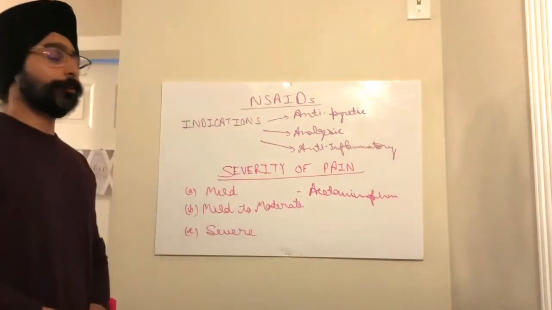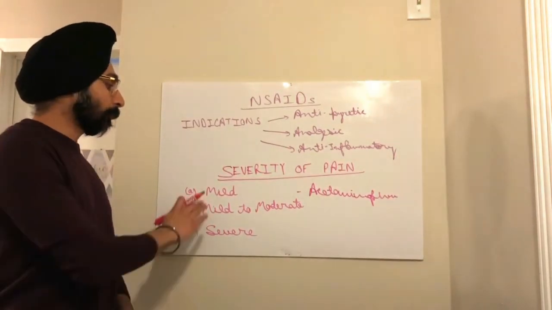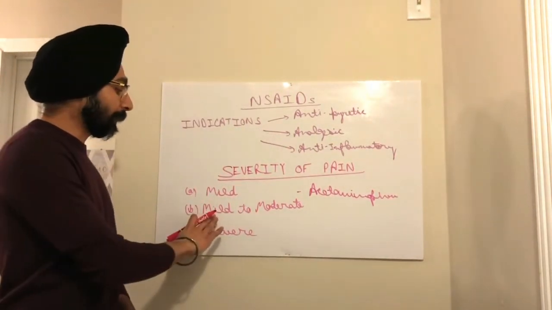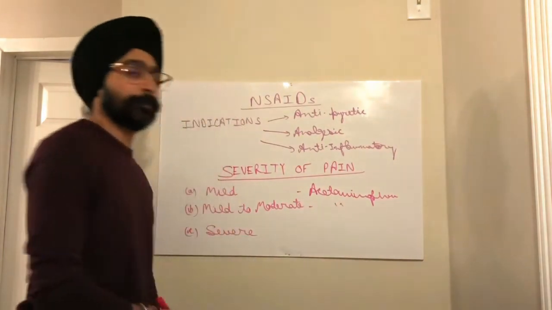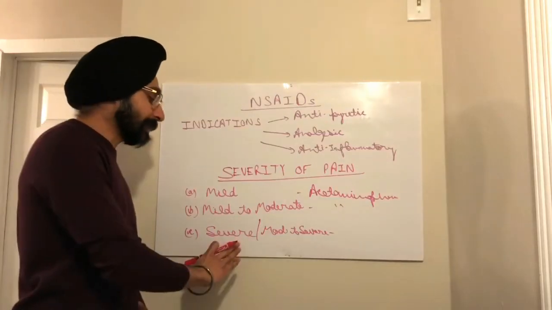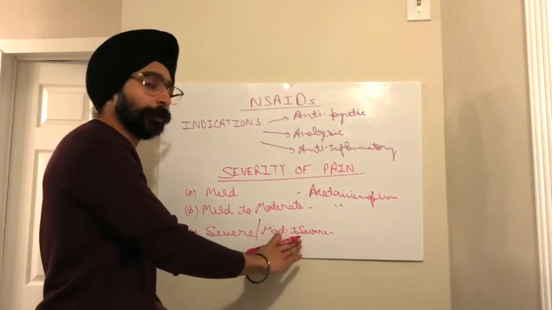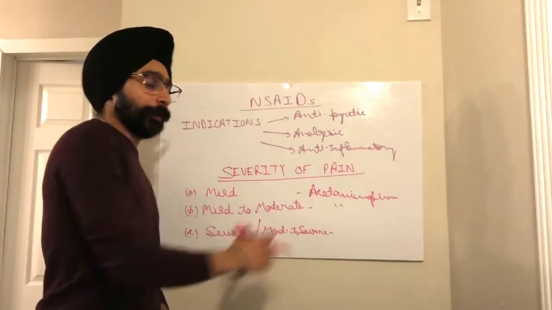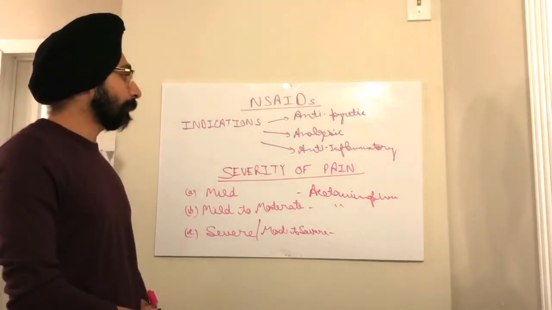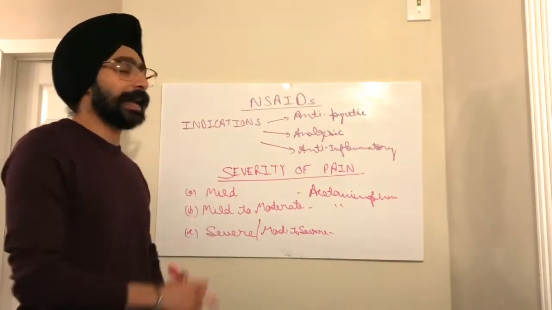It acts as a first line of drug in case of mild pain. Even when it comes to mild to moderate pain, the same analgesic is given. But if a patient has severe or moderate to severe pain, then we no longer use acetaminophen. In that case, we always use the medicines that are present in the NSAID group.